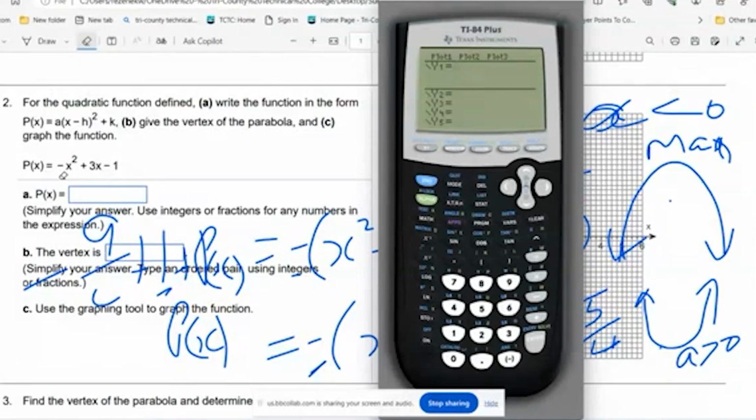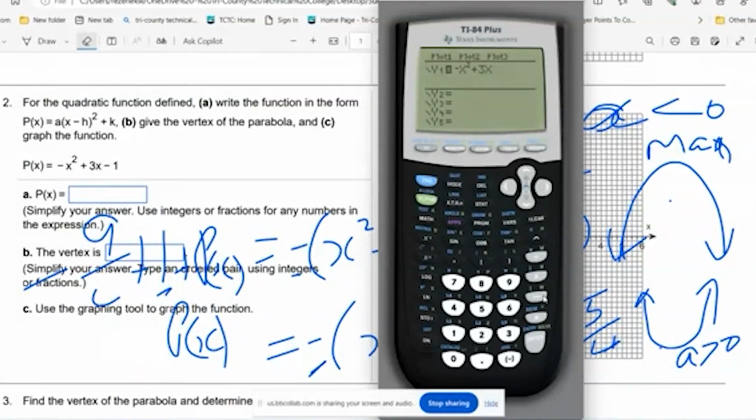So the graph has to look like this, and what you're looking for is the point at the top, the maximum point. So I'm going to put the equation in y1: negative x squared plus 3x.